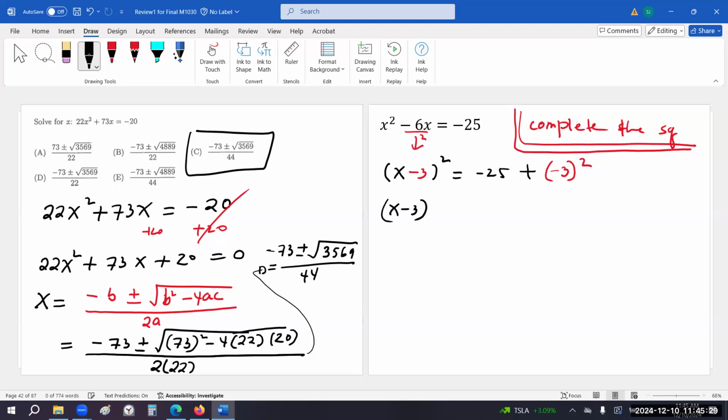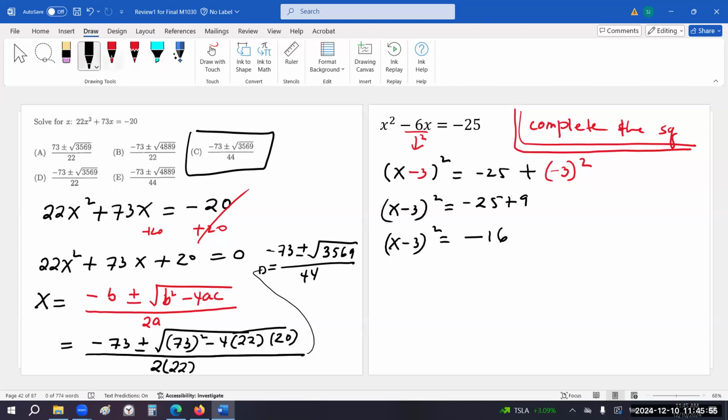So (x minus 3) squared gives us -25 plus 9. How much is -25 plus 9? -16.